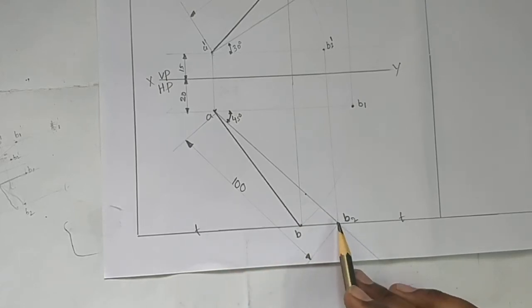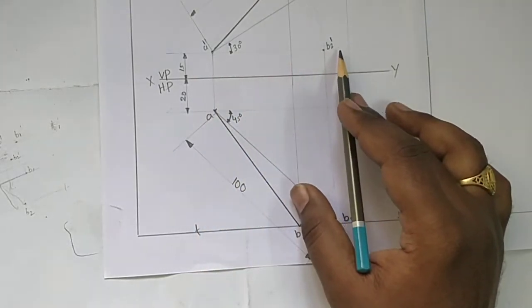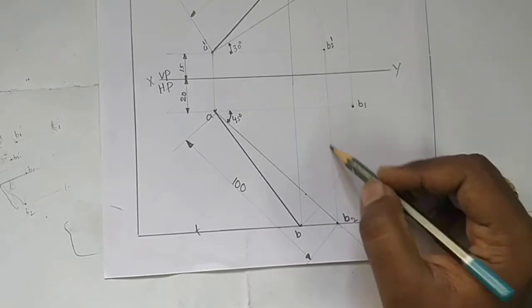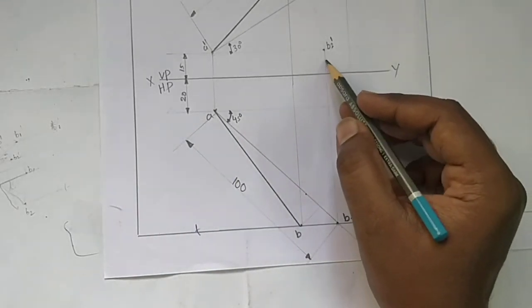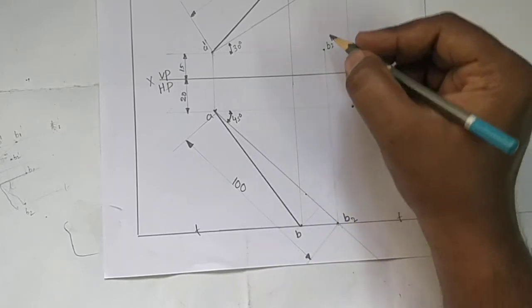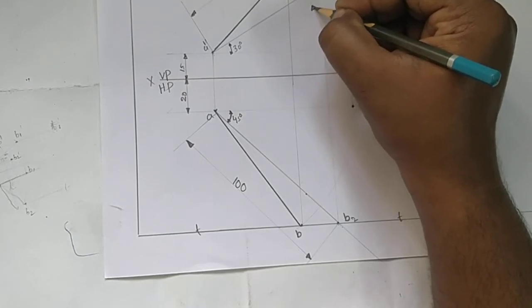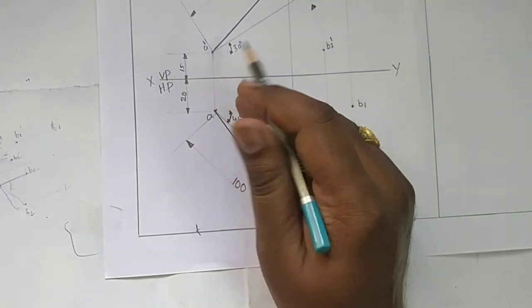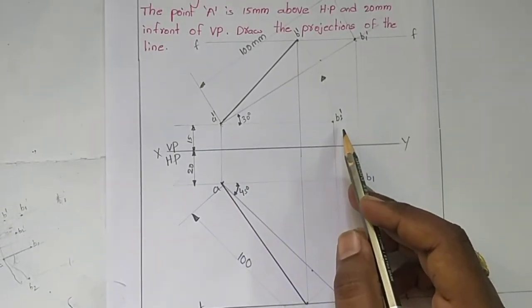From B2 I drew one vertical projection up to the locus of A dash. This vertical projection is perpendicular to XY. That means the angle between this line and this one is 90 degrees. I got one point. From this I drew one arc, with A dash as center and A dash B2 dash as radius.